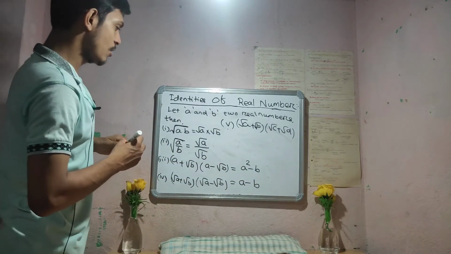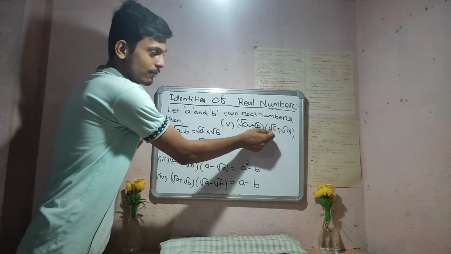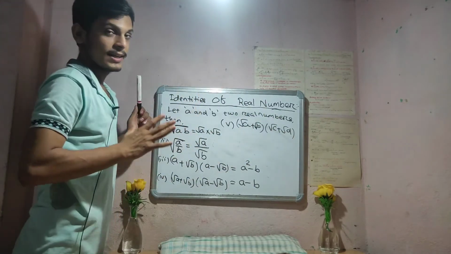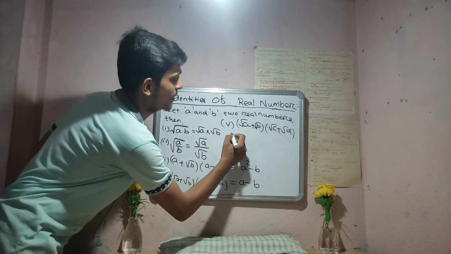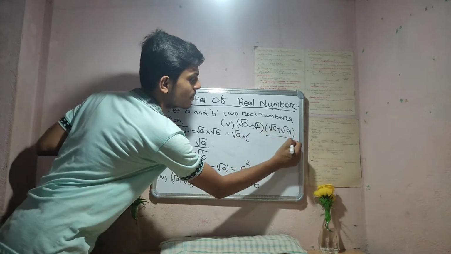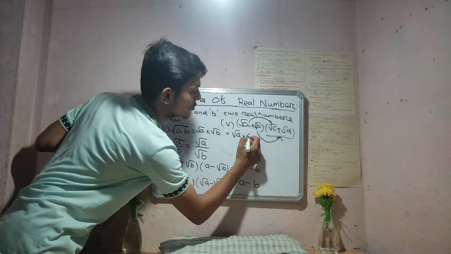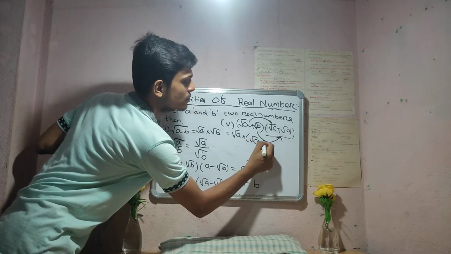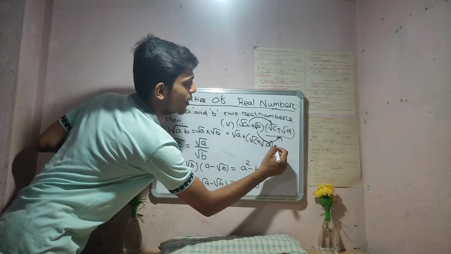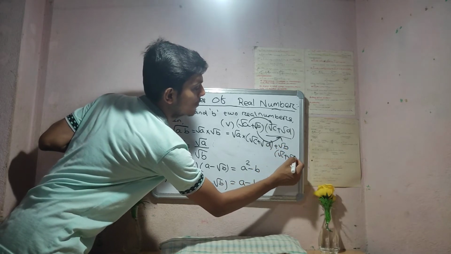So (√a + √b) multiplied with (√c + √d). Generally, the distributive formula is applied here. That is √a is multiplied with this term, and again √b is multiplied with this term. So that is √a multiplied with (√c + √d), plus √b multiplied with (√c + √d).